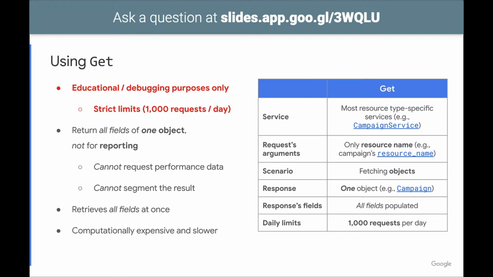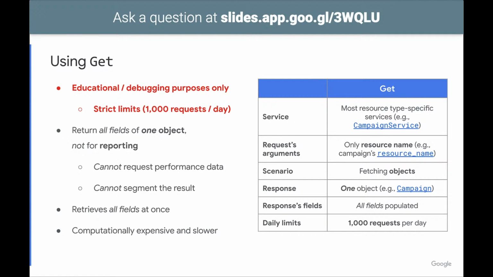However, it can be useful if you are trying to learn more about a given field, because when you use the get method, all of the fields of the object are returned. And this is different than if you were creating a GAQL string and using search or search stream, because when you create that string, you select which fields you want to get back, and only those fields will be returned.